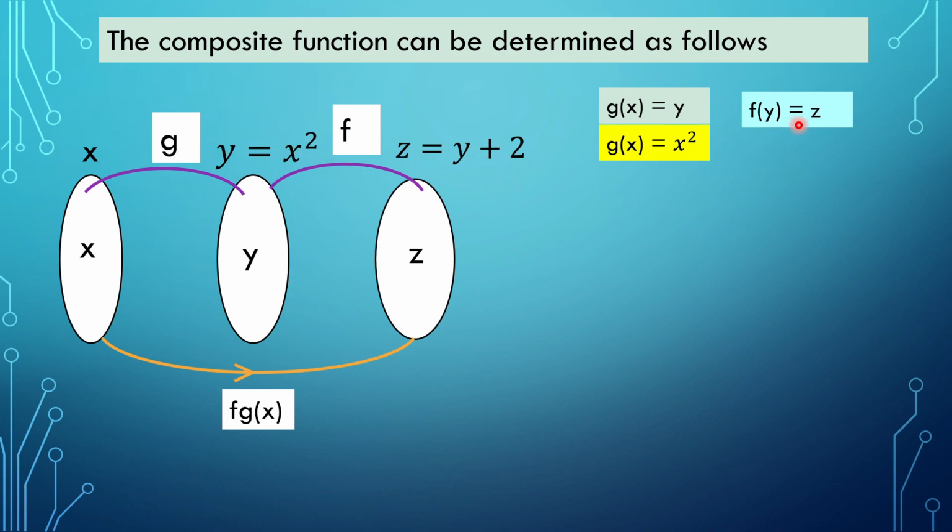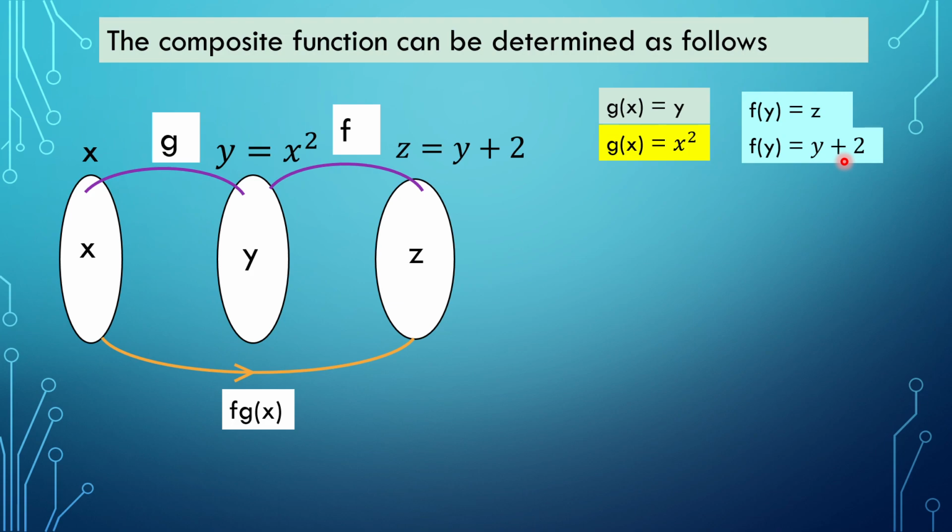Under the function f, y is being mapped to z. So f(y) equals z. Now we want to change the z in terms of y because it is f(y), a function in terms of y. So z equals y plus 2. So change the z as y plus 2. So f(y) equals y plus 2.